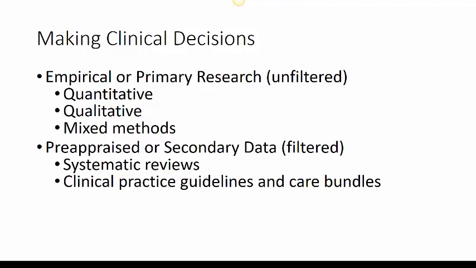But this week, we're going to look at evidence that's been pre-appraised. It's also called filtered data or secondary evidence. This is because somebody's looking at the quality of studies that have already been conducted. So these can be systematic reviews, clinical practice guidelines, and care bundles.